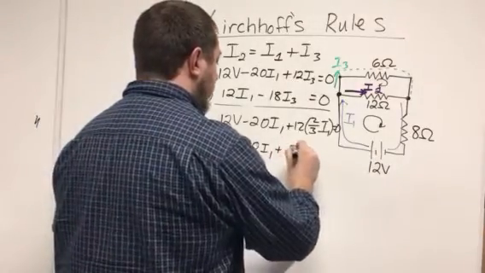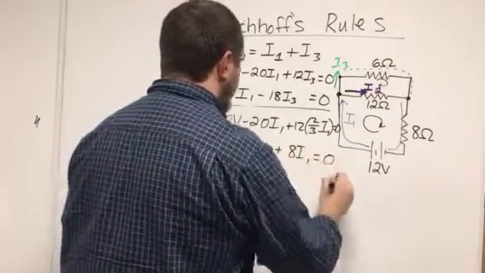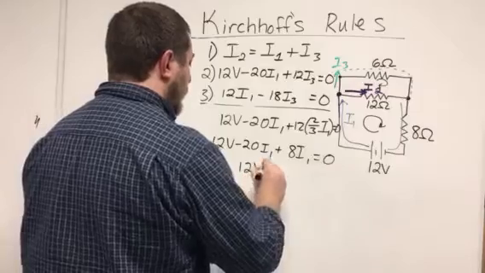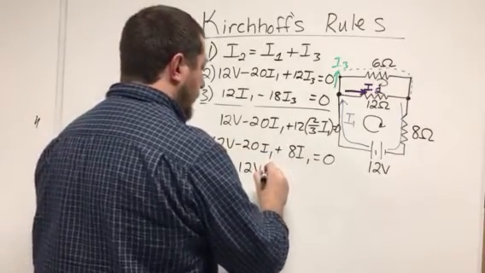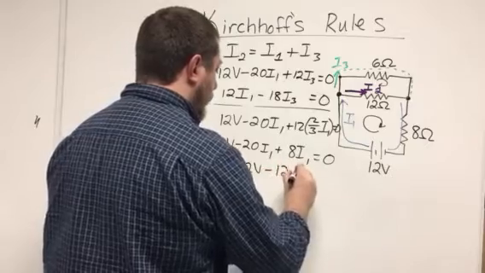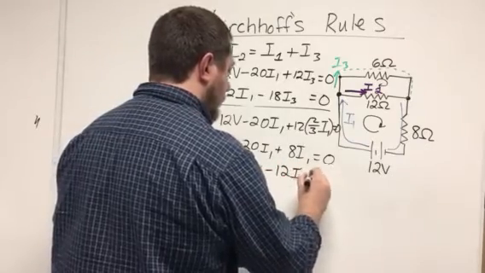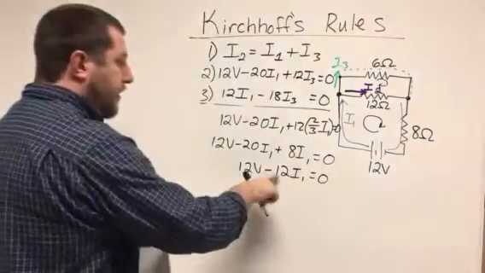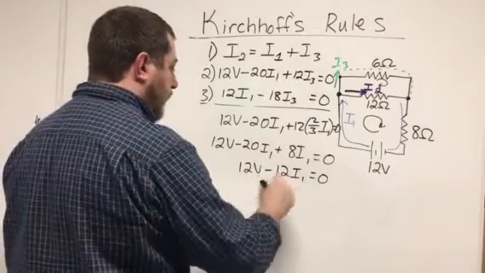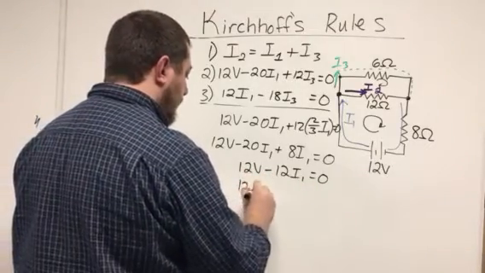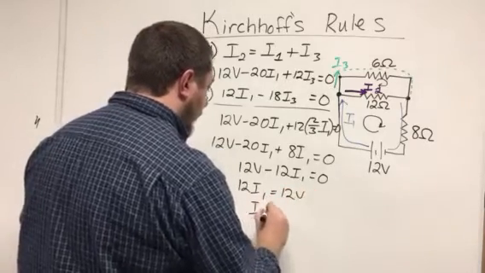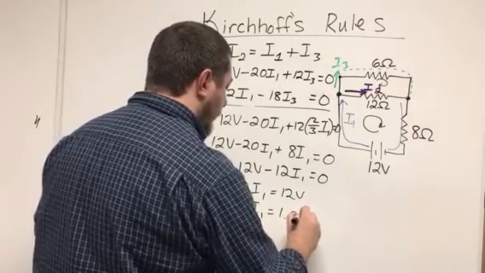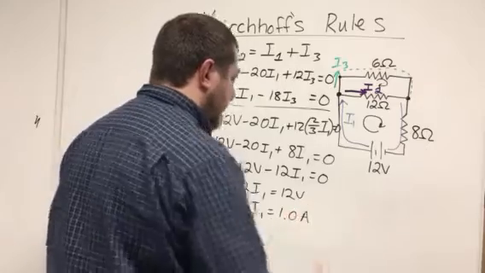So I'm going to get 8 I1, and all of this must be 0, and 12 volts, negative 20 I1 and 8 I1 is negative 12 I1. And from here, if I add 12 I1 to both sides, I get 12 I1 equals 12 volts, and therefore I1 is equal to 1.0 amps.